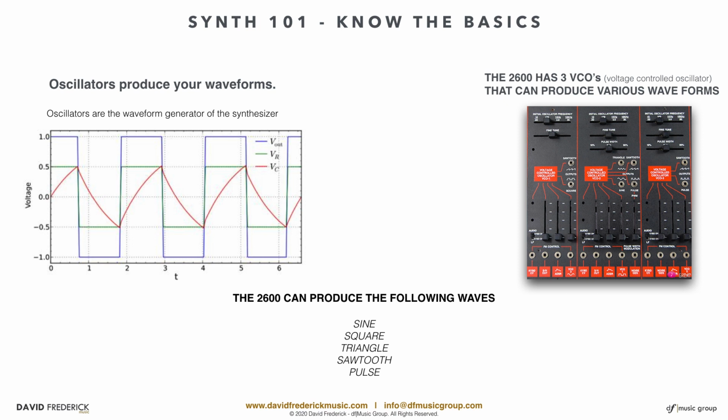And understanding what waveforms your oscillators can produce can help you very quickly start creating the sounds that you're trying to get to. In this case, the 2600 has 3 voltage controlled oscillators, and they can create the sine wave, square wave, triangle, sawtooth, and pulse wave. It also has pulse width modulation, so you can do some unique things with the pulse wave. But generally speaking, these are the waveforms that the 2600 produces.